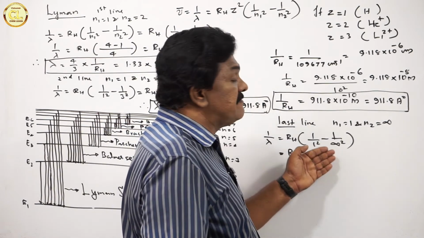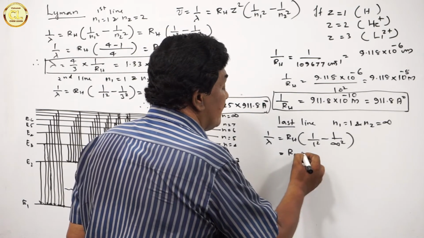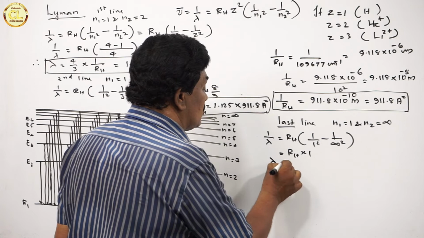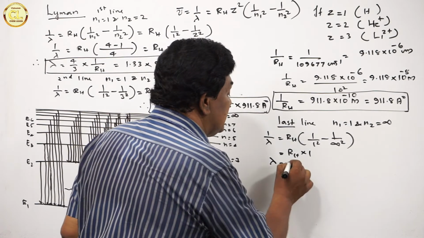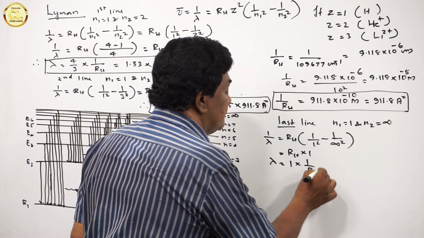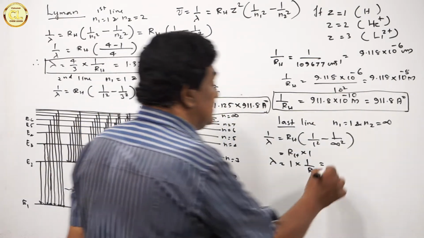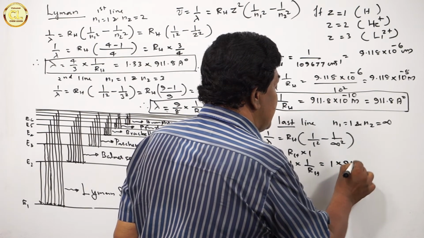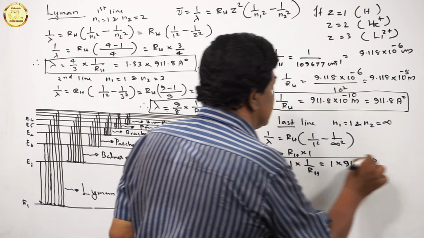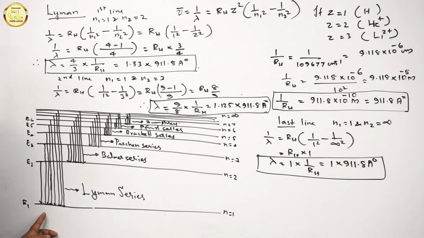Any number divided by infinity squared is equal to 0. So this is 1, therefore RH into 1. Therefore lambda is equal to the reciprocal of this, that is 1 into 1 by RH, which is 1 into 911.8 angstrom units. This is the wavelength for the last line of the Lyman series.